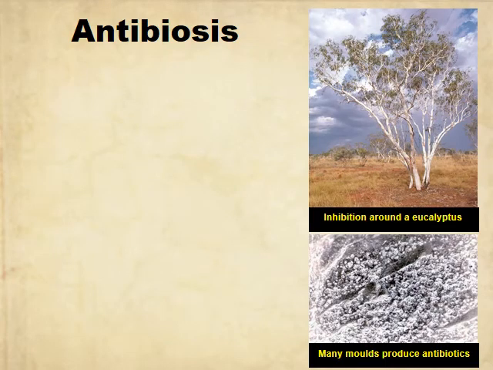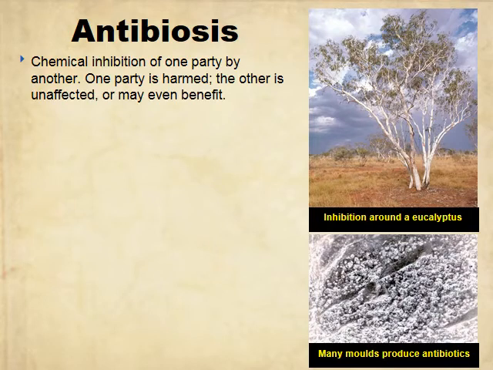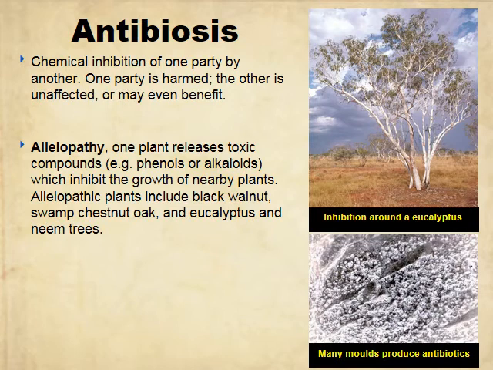Okay, antibiosis, last but not least, is the inhibition. So chemical inhibition of one party, so it's harmed and the other one is unaffected or may even benefit. So allelopathy, one plant releases these toxic compounds, inhibits the growth of nearby plants.